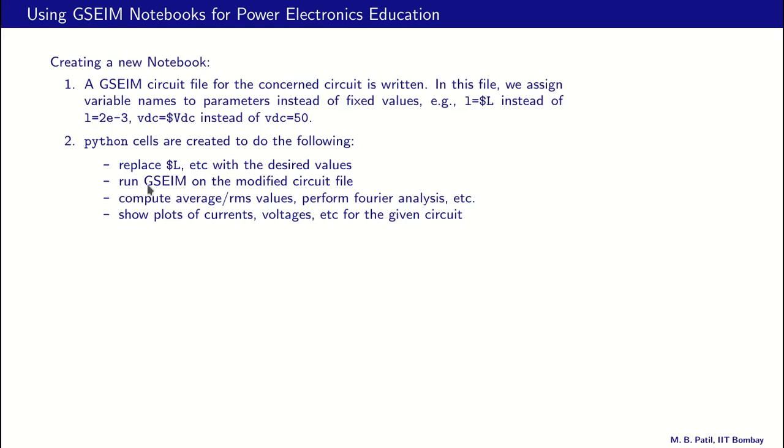Then create a cell which will run the GSEIM circuit simulator on the revised circuit file, and then create additional cells as required, for example to compute average or RMS values, or perform Fourier analysis and show the spectrum, and so on. In addition, we would also like to show some plots, for example what the current looks like in the steady state for an inductor or a capacitor, what is the output voltage, and so on.